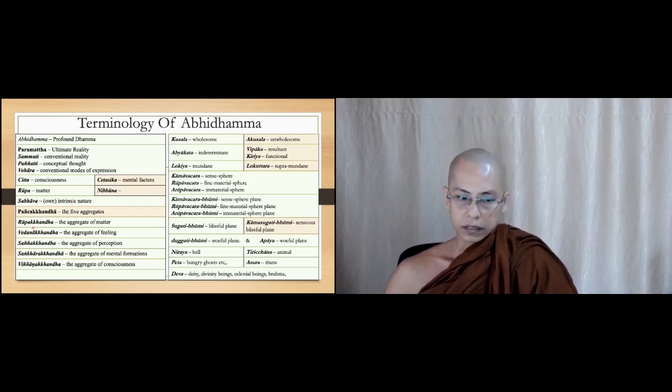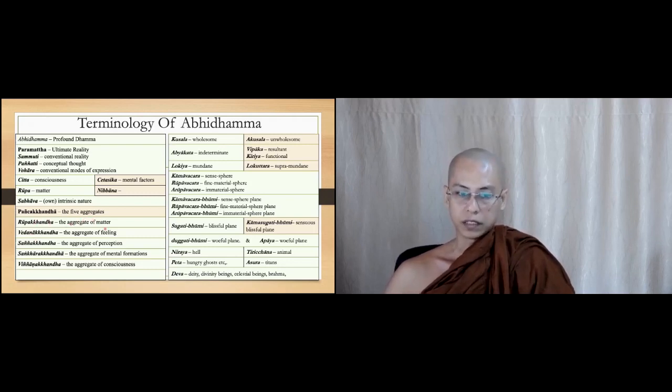Panchakhanda here. This classification is mostly used in the teaching because it's easier to catch the meaning in the Ohara, conventional mode of expression. So Rupa Khanda, Vedana Khanda, Sanya Khanda, Sankhara Khanda, and Vijnana Khanda. In this case, Khanda is aggregate.